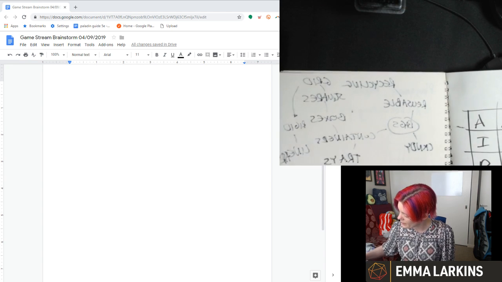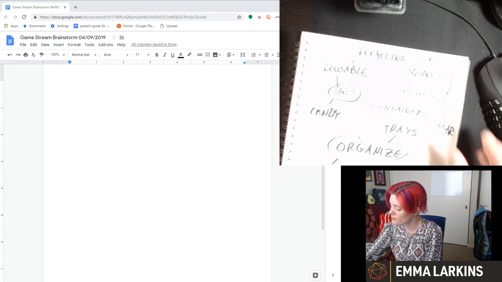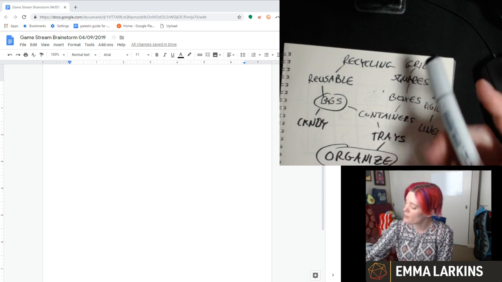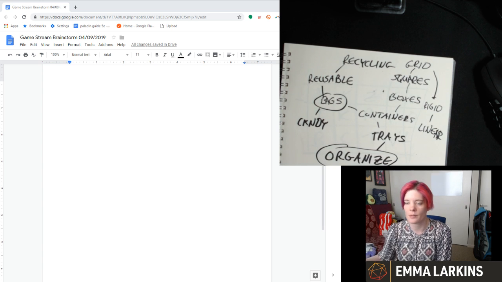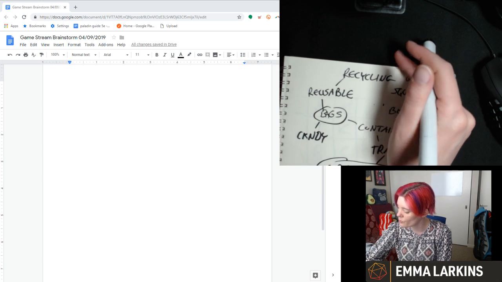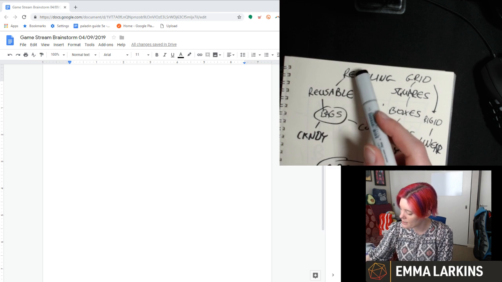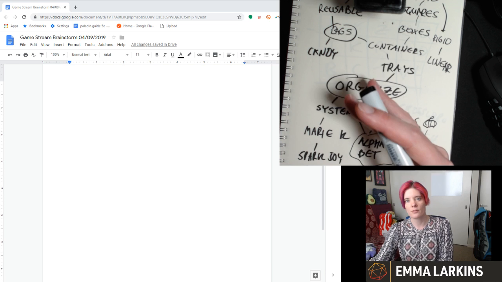Alright, so what do we have so far? Come back to our original start of the mind mapping. Started with organization, came up with this grid concept, kind of feeling something potentially grid-based before, and swirled around ideas of bags, recycling, trays, containers.